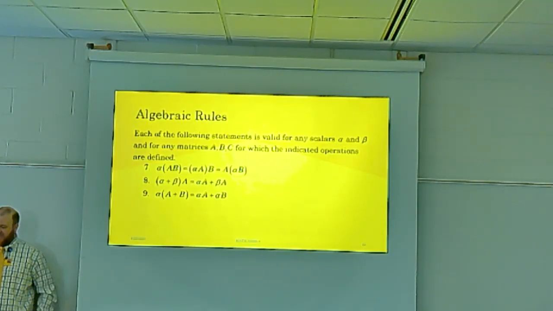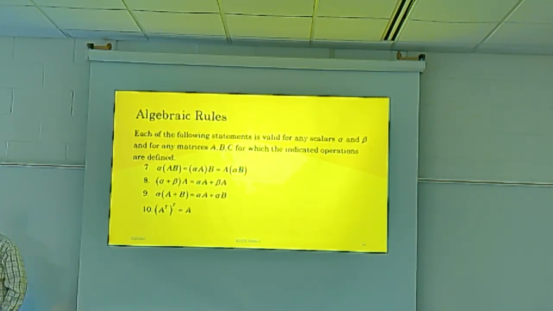This one should be pretty obvious. The transpose of the transpose is just the original matrix. If you take the transpose of a scalar multiple, it's just the scalar times the transpose. Right?